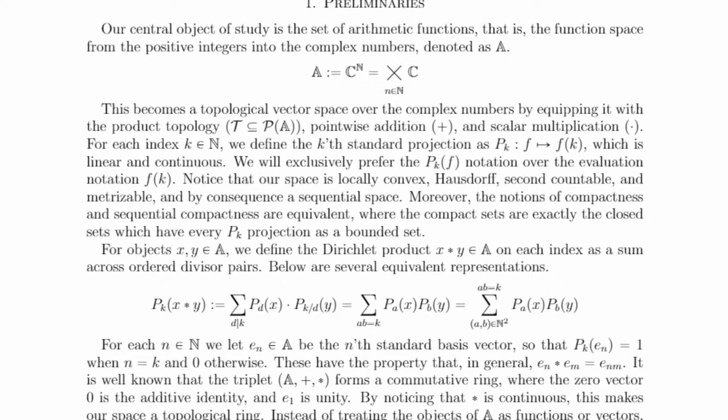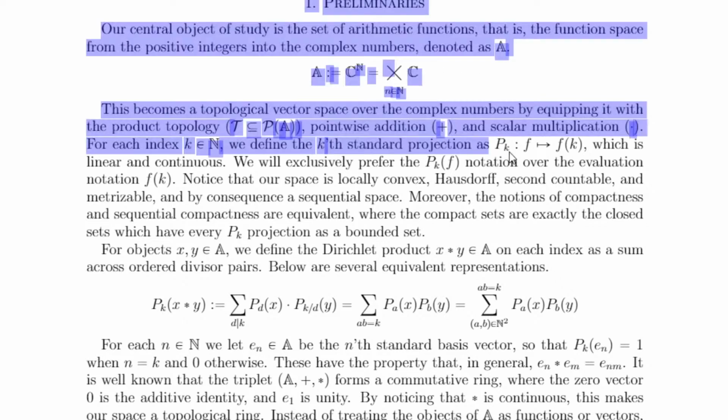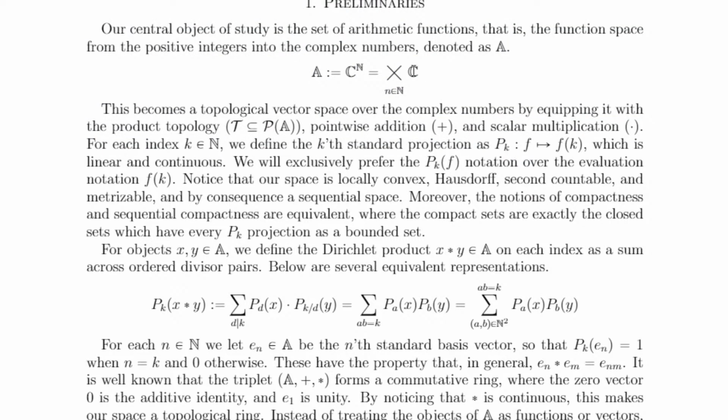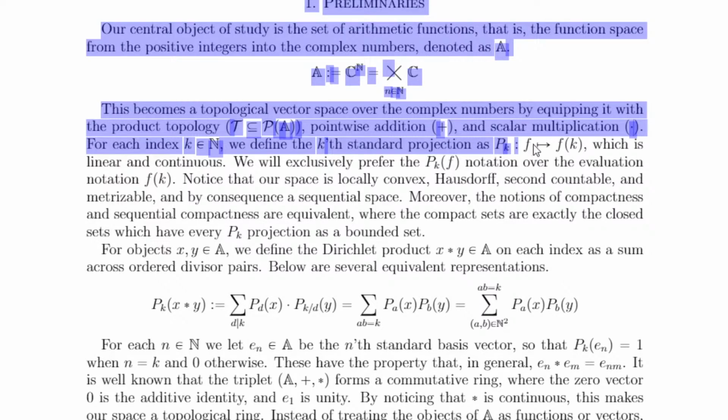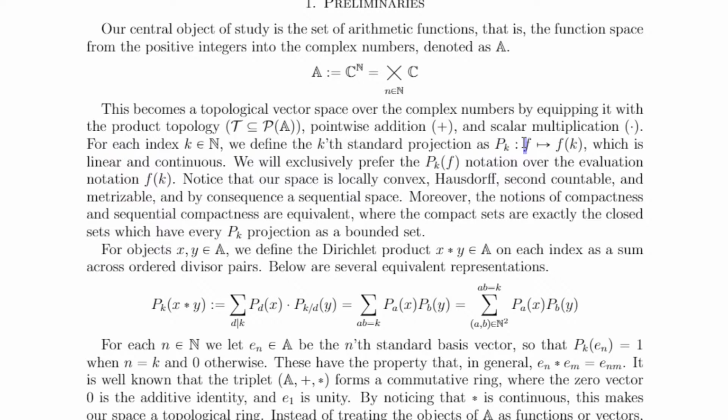In the same way that these are a vector space, we have all of these different projections. For each of the natural number indices, we can take an object in our space. So f would be an object inside of our arithmetic function space. For each of these indices k, we can take its projection down.